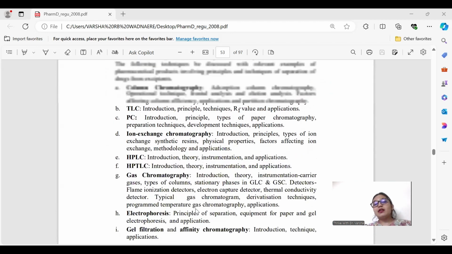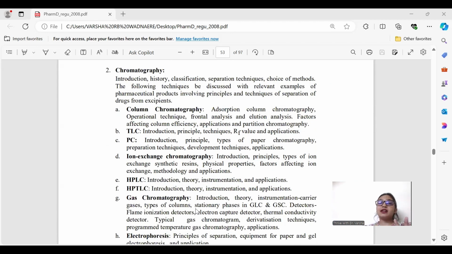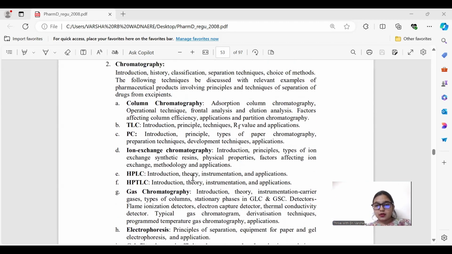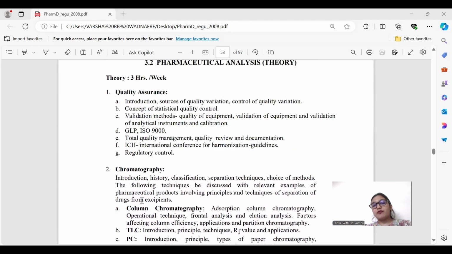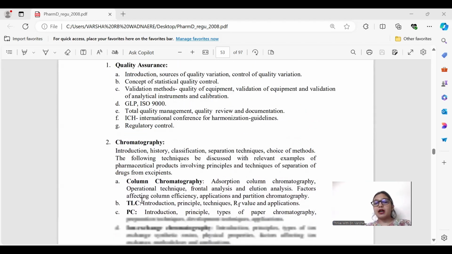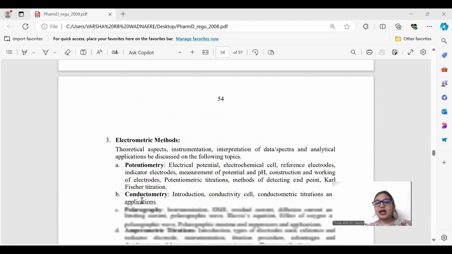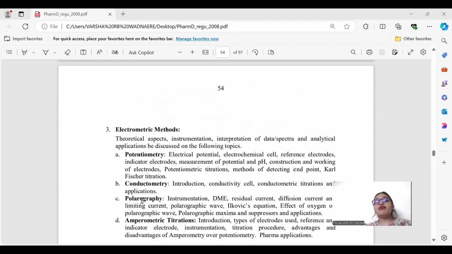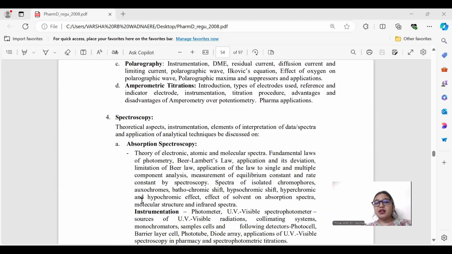Now the one thing that is good in this is that you'll be learning all this in theory as well as performing all this in practical. So you will get practical experiments that will make it easy for you to understand how these things work. Now from the first chapter I told you 2 marks and 10 marks, but from the rest of the whole syllabus you can expect that 2, 5 and 10 marks can be asked from each and every chapter.